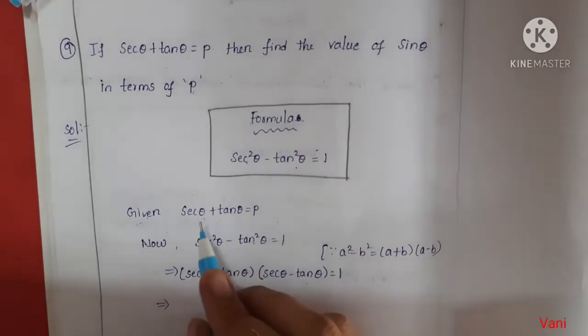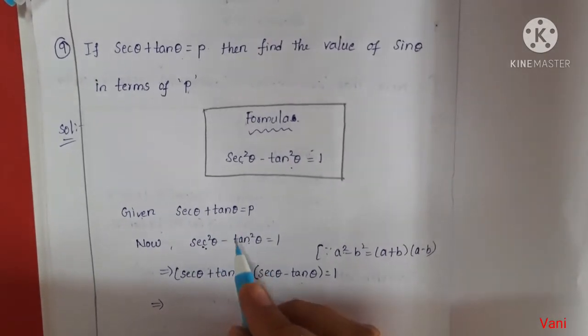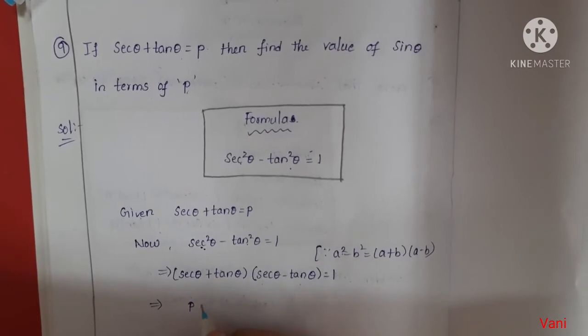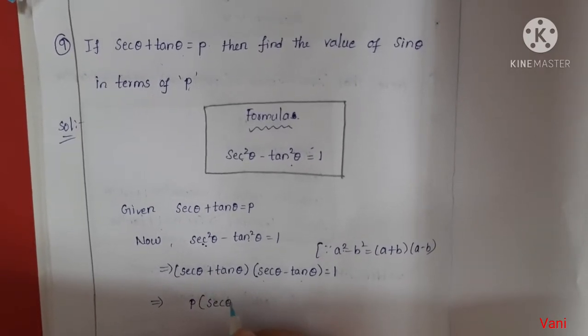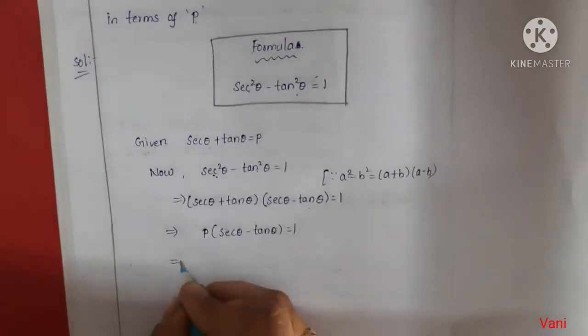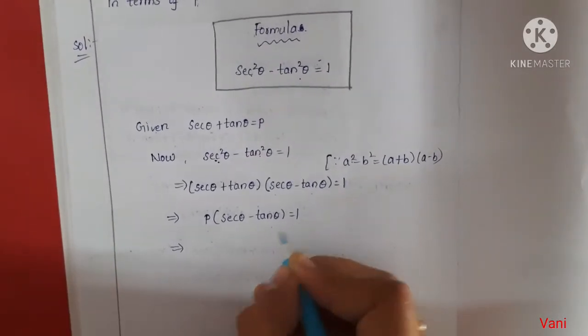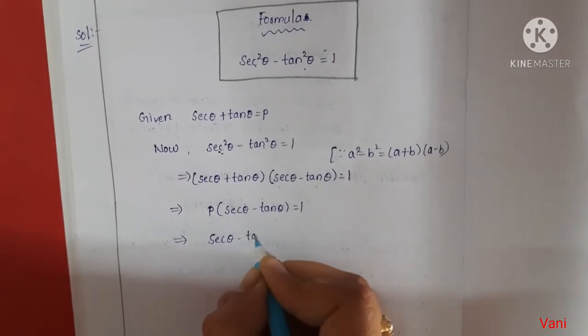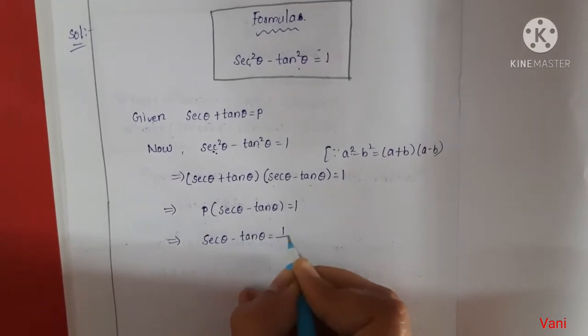In the given condition, secant theta plus tan theta value is p. So keep p in place of secant theta plus tan theta. So p into secant theta minus tan theta is equal to 1. Take p to the RHS, it will become 1 by p. So secant theta minus tan theta is equal to 1 by p.